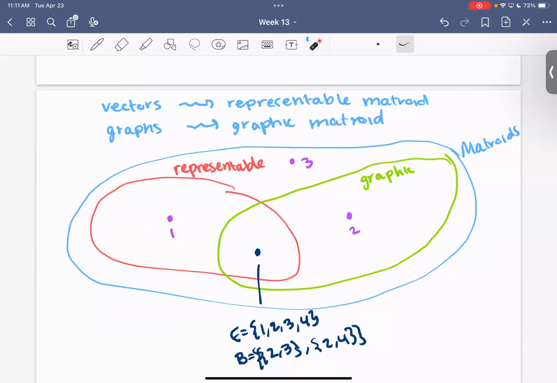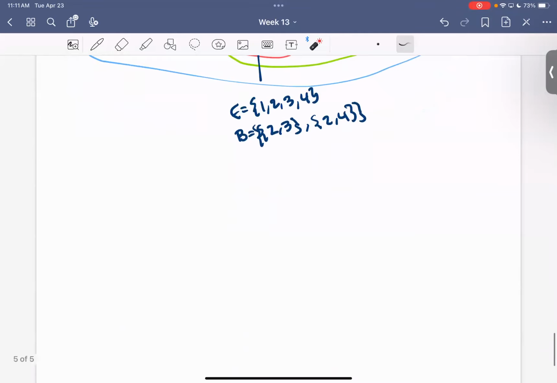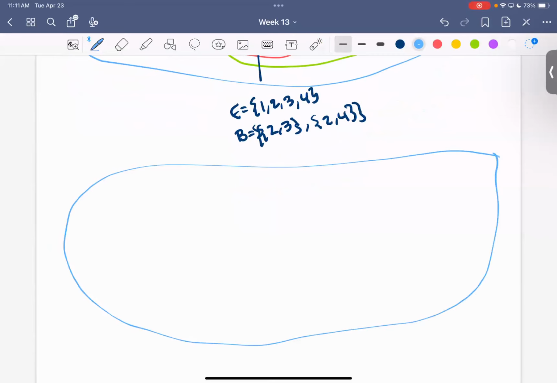Okay, so let me reveal what the actual picture looks like, and then we'll just see examples of what's going on. So if this is all the matroids, then a vanishingly small portion of them are representable. And there's actually a precise theorem statement to the effect that almost all matroids are not representable.